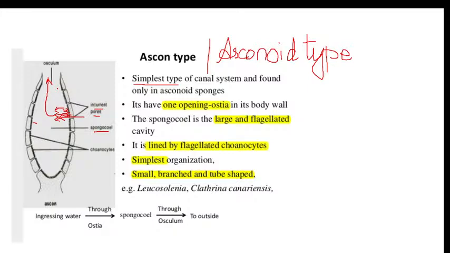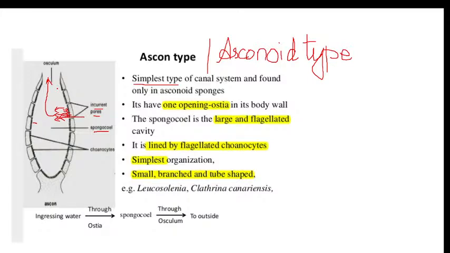ഇതിനെയാണ് asconoid type of canal system എന്ന് പറയുന്നത്. Hope it's clear. Asconoid type is the simplest type of canal system in sponge. They are found in asconoid sponges.